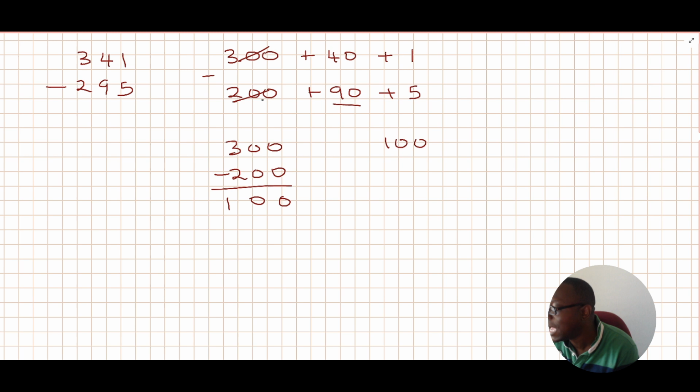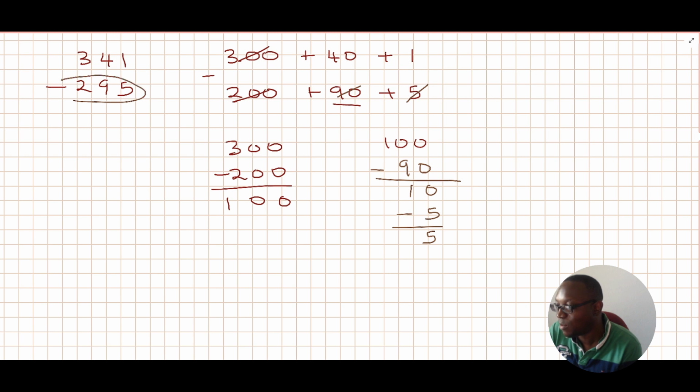So because we have 100 left, we're going to subtract 90 next. Let's subtract 90 from that. 0 minus 0 is 0, and 10 minus 9 is 1. So now we've subtracted 90 from what's left over, which is 100. Now we're going to also subtract 5 from 10, and we're left with 5. So what we've done here is eliminated all the numbers here.